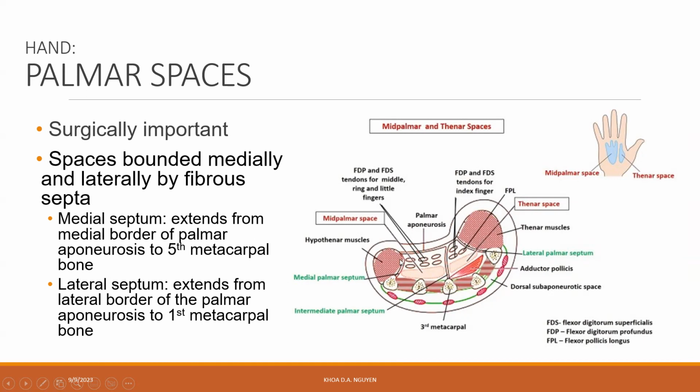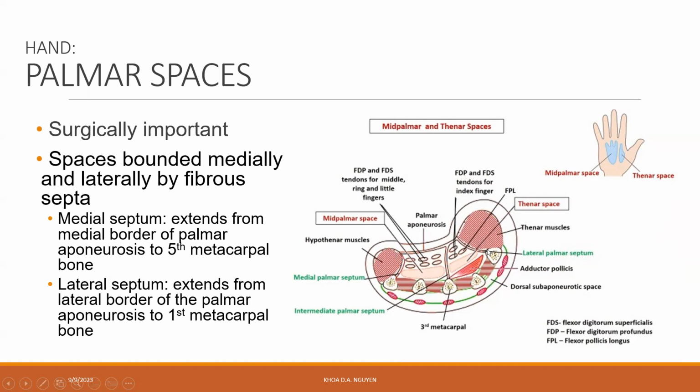And then you have the lateral septum, right here. Oh, I'm sorry, I got it backwards, okay? So this is the medial septum, okay? The medial septum is right here, which extends from the medial border of the palmar aponeurosis, which is this part right here, over to the fifth metacarpal bone, which is this bone right here, okay?